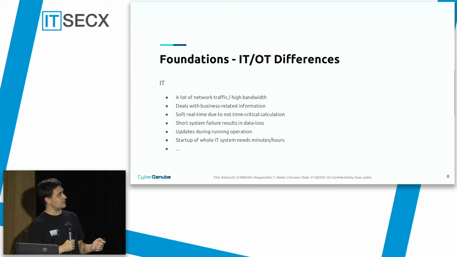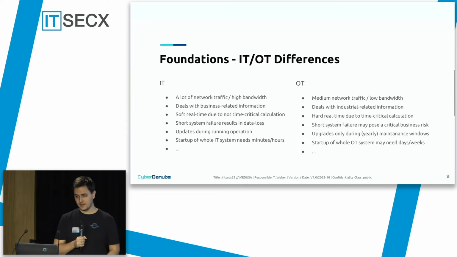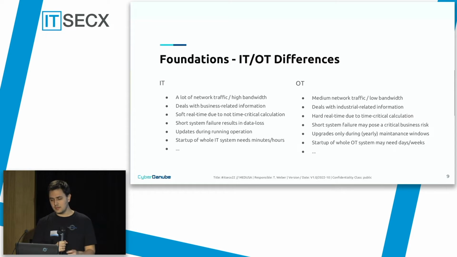So you have a lot of differences between IT and OT networks. You can read it yourself. You have a lot of network traffic and high bandwidth in IT networks, and low bandwidth and medium network traffic in OT networks. You also have to deal with hard real-time versus soft real-time, which is sometimes a really crucial thing.